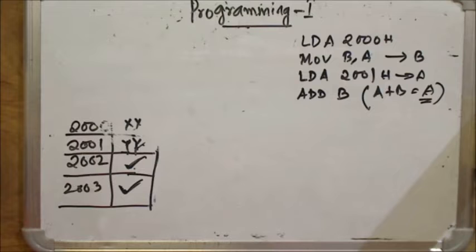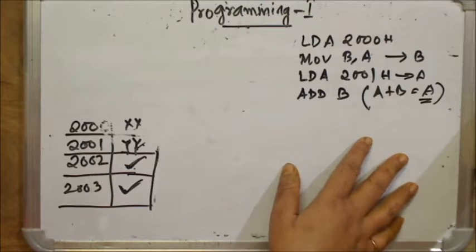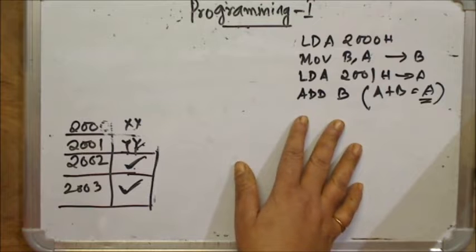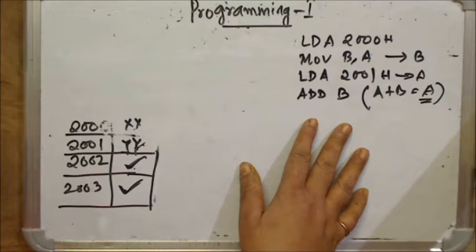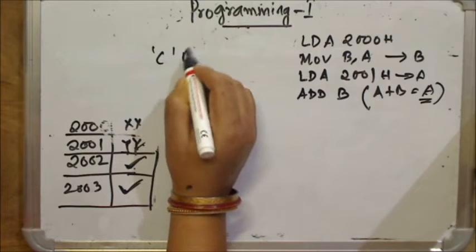STA 2002. But after addition there is a possibility of carry. The sum we are going to store in 2002 and at 2003 we are going to store the carry. Because we don't know the data, there is a possibility of carry. So let us assume the carry is in the C register.